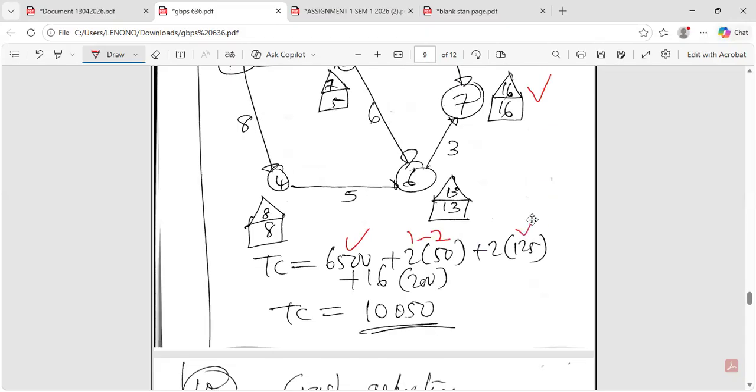Then we are remaining with 16 weeks, so 16 times 200, then plus 100 plus 125 by 2, then plus 6.5. So you're getting 10,050. So the cost is 10,050 now.